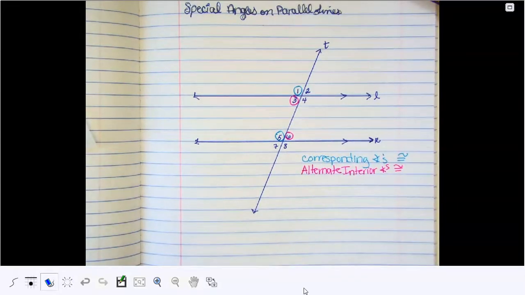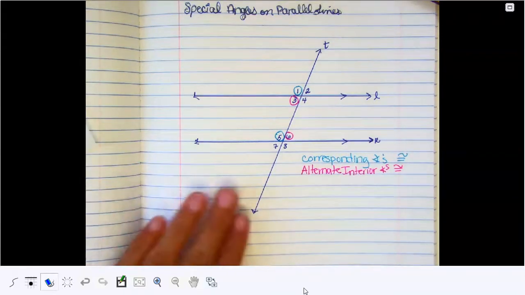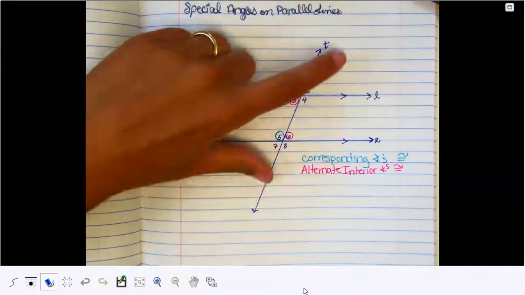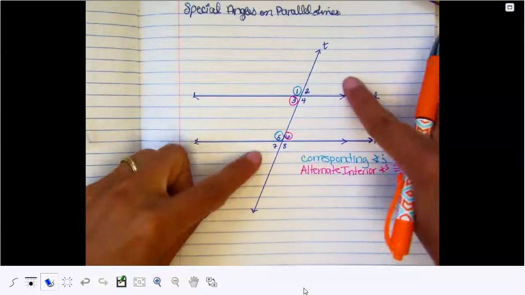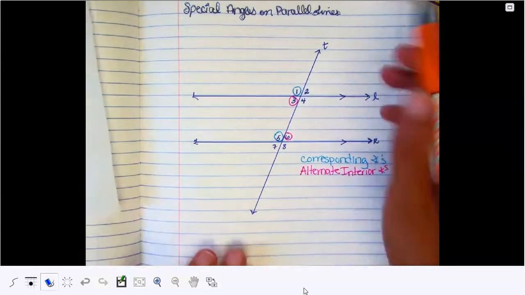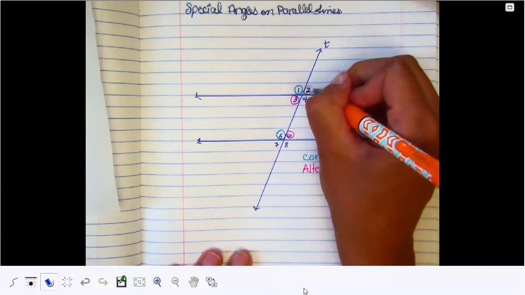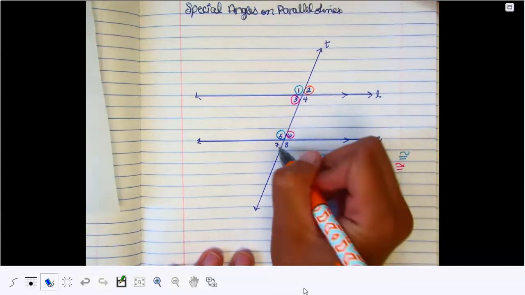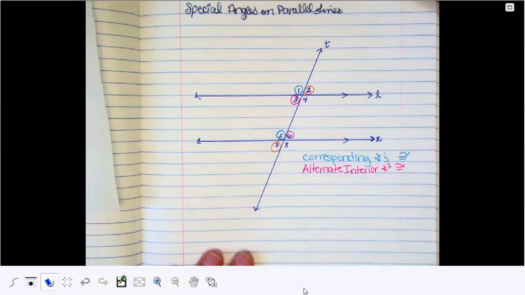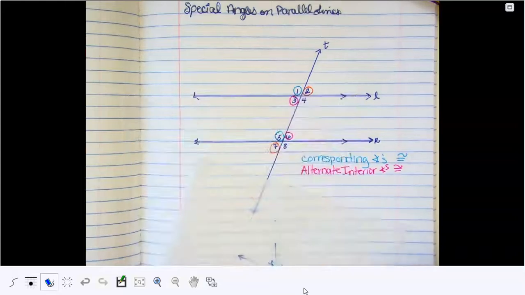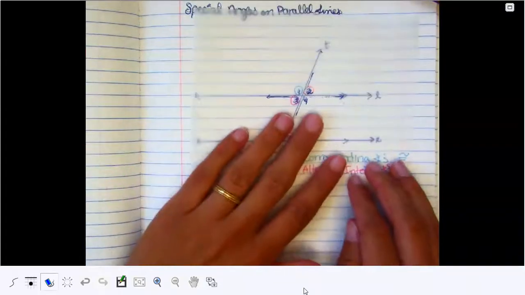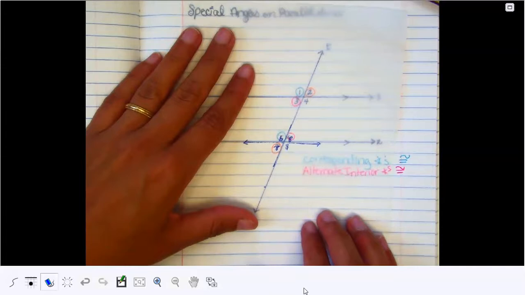All right. Another one that was alternate exterior angles. Alternate exterior. So this time, instead of being inside, we're talking about the outside. So they're going to be on the exterior. So that would be like 2, but they're going to be alternate sides, and 7. So 2 and 7. So let's line up angle 2 with 7 and see what's true.